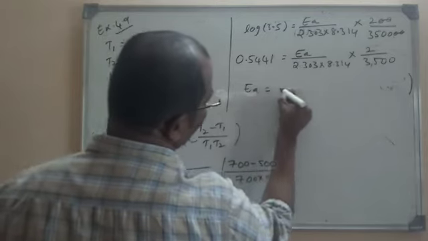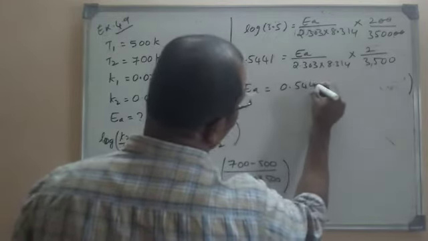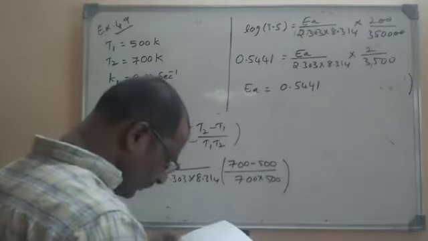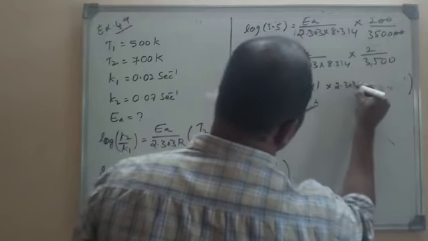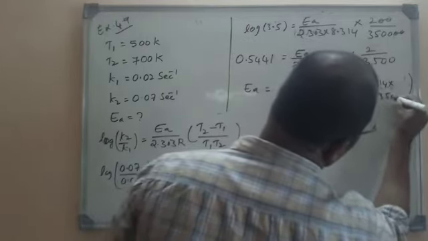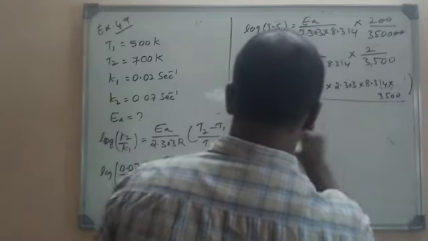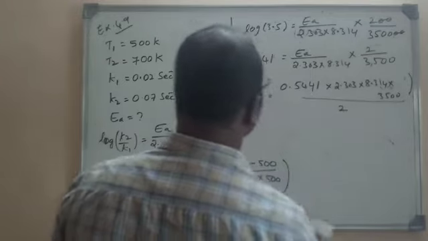Now EA is equal to, I will transpose all the terms here, 0.5441 into 2.303 into 8.314 into 3500 as the numerator, divided by 2.